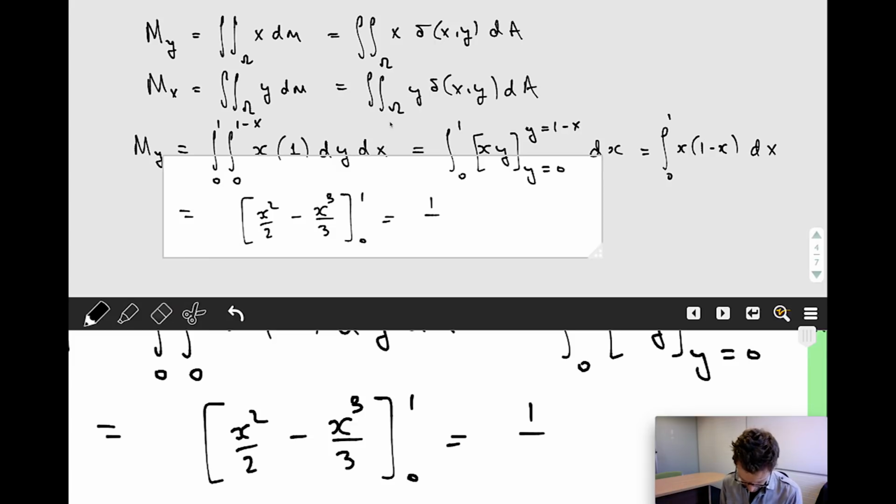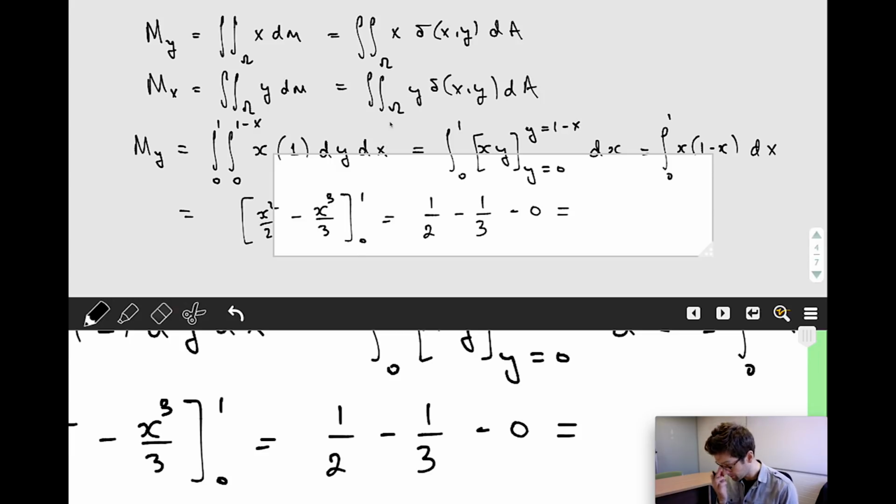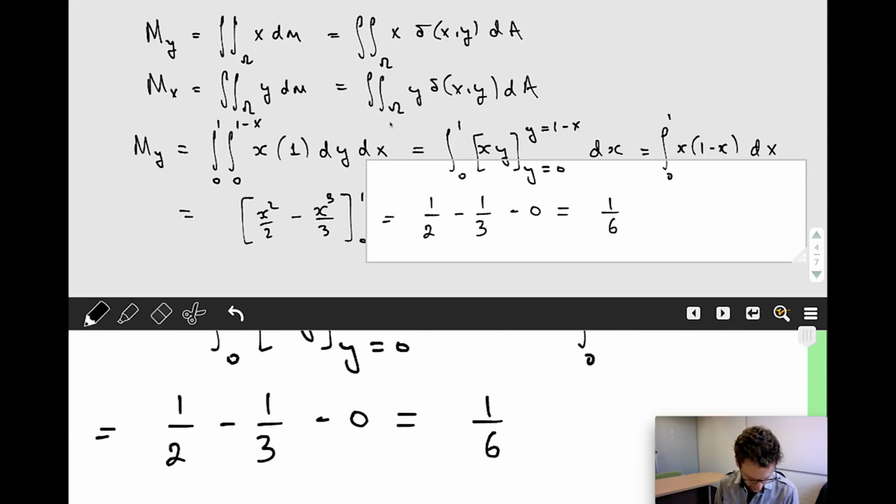So we have 1/2 minus 1/3 minus 0. Putting in x is equal to 0, we get nothing, which is going to give us half minus 1/3 is 3 over 6 minus 2 over 6, which is 1/6. So we have that the first moment about the y-axis is 1/6.